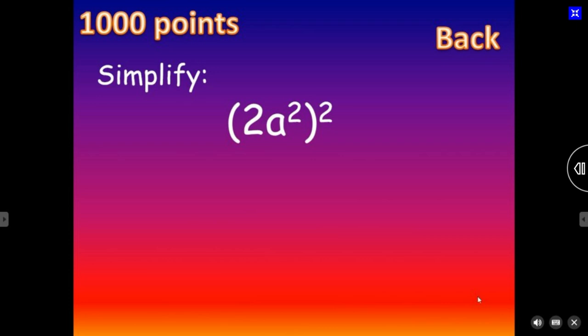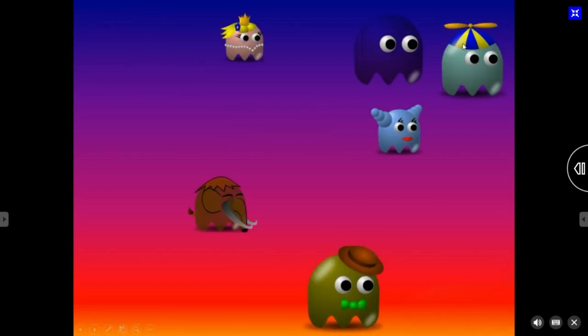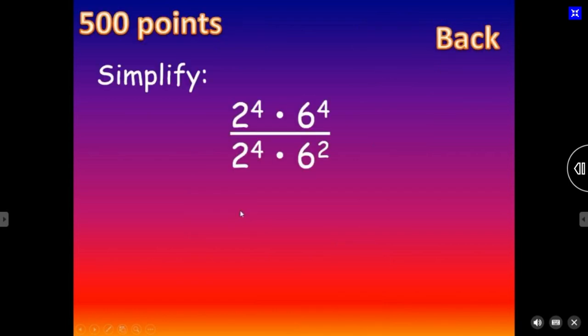Okay. Going back. Woolly mammoth, Snuffleupagus. It's gonna be the flying guy that got the most points. 500 points. This is problem 17.